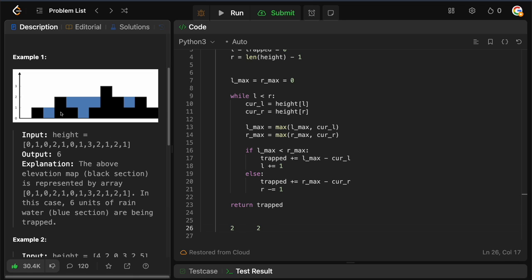It doesn't matter what comes in between, because we know that when we're at this point, we'll at least be able to trap it. We don't care if the rest is actually an obstacle. There's a gap here. We can hold it because we have a left side and we have a right side. So we can just trap, and then we do this in a greedy manner, and that's the way that we're actually able to do it in one pass.